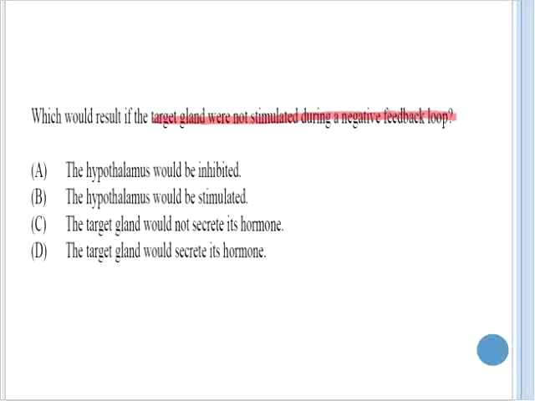Again, this would not be the case because the hypothalamus has no bearing on the feedback loop. It's not producing hormone, therefore would not be inhibited. If the thyroid gland were not stimulated, the most obvious choice is the thyroid gland would not secrete its hormone.